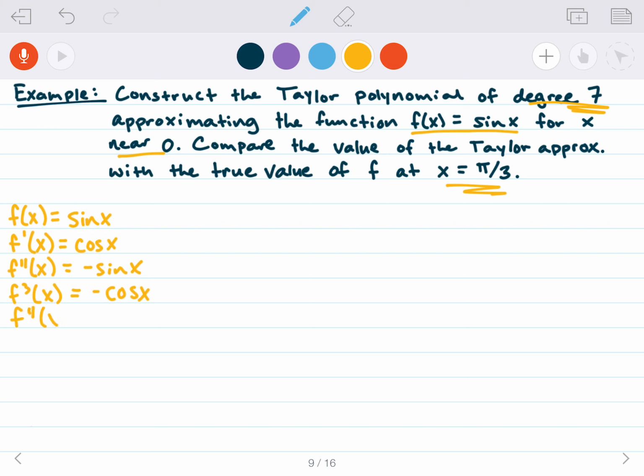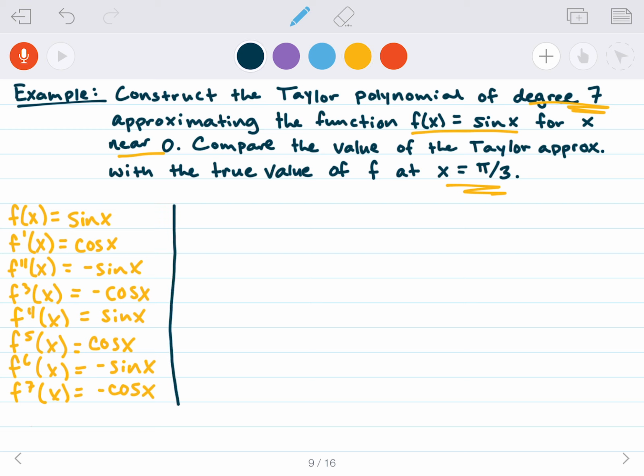So here we go. Okay, so those are all my derivatives up to the 7th derivative. Now, because of my formula, we need to figure out what f of 0 is, f prime of 0, f double prime of 0, all that stuff.